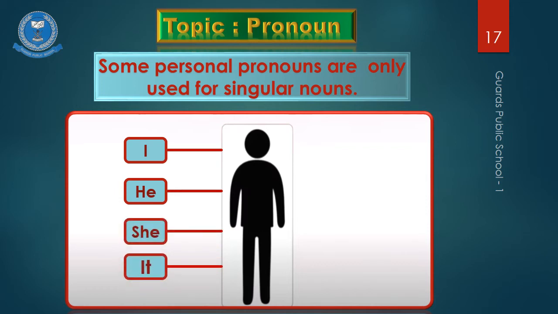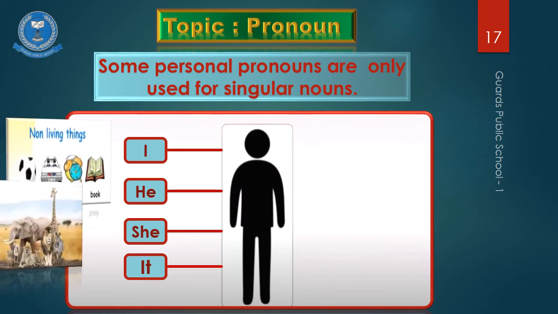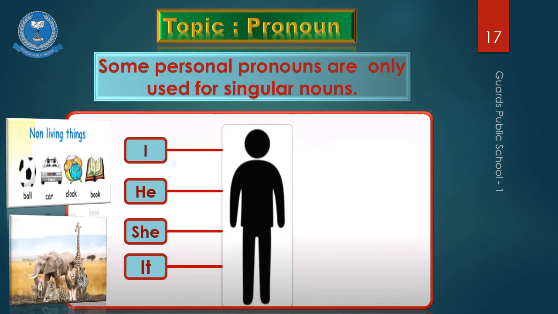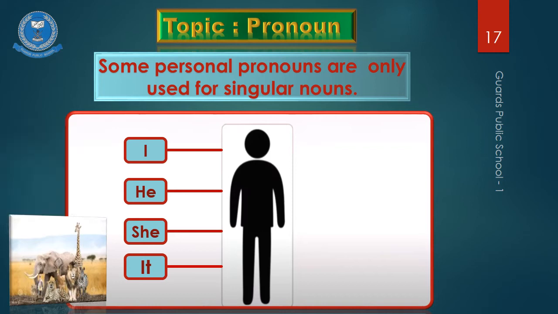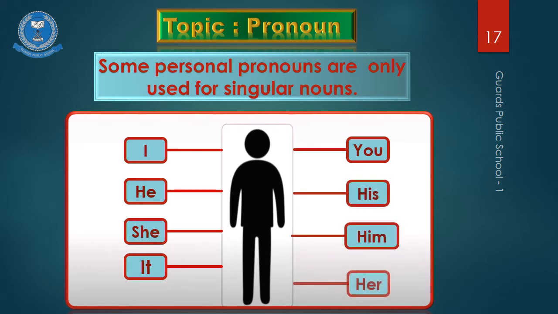But in the case of it, children, do remember one thing, that it is used for non-living objects or for animals. It हमेशा किसके लिए यूज़ होगा? For non-living objects or for animals. Then और कौन से pronouns हैं जो singular nouns के साथ यूज़ होंगे? They are you, his, him or her.